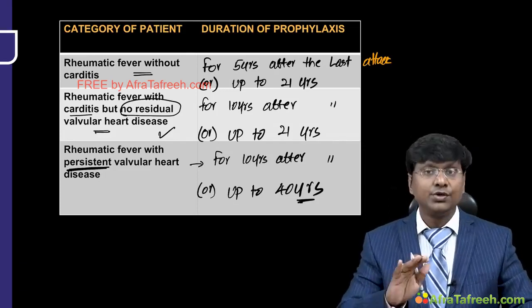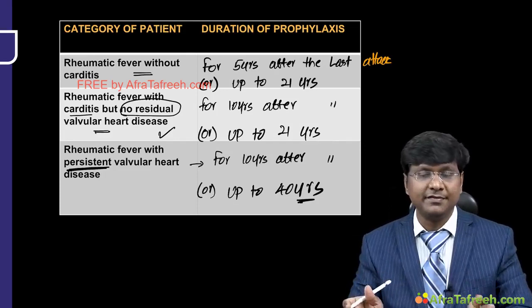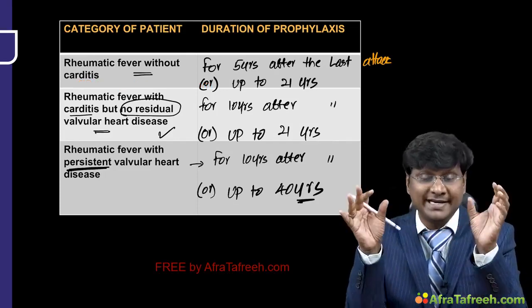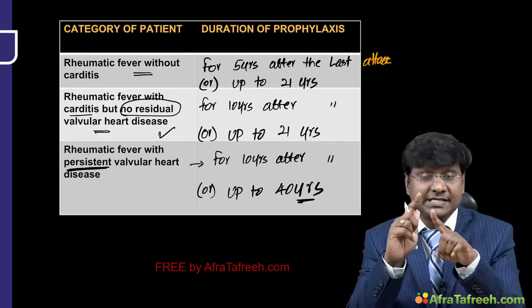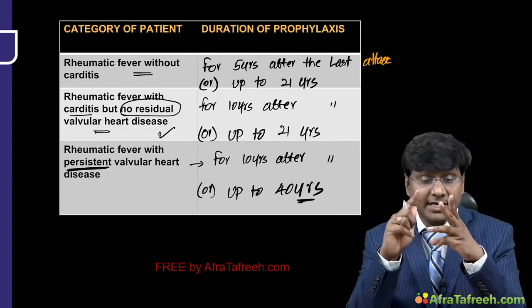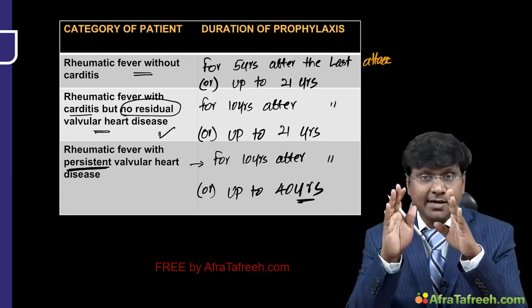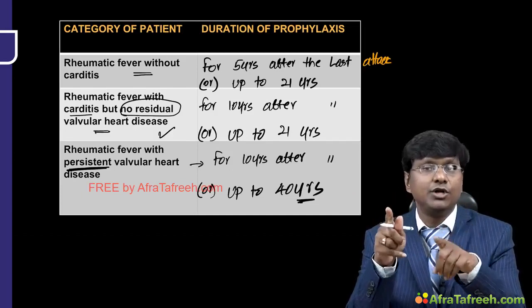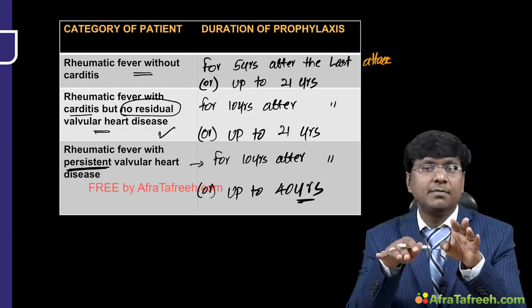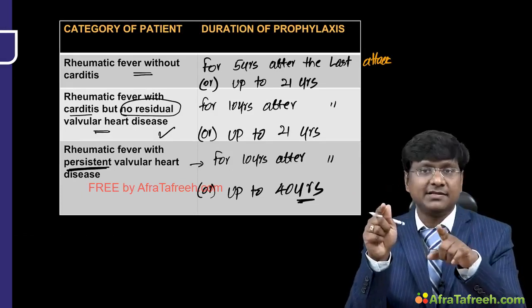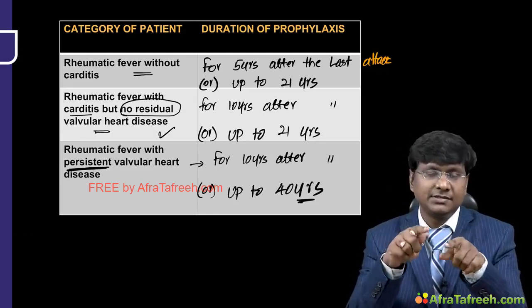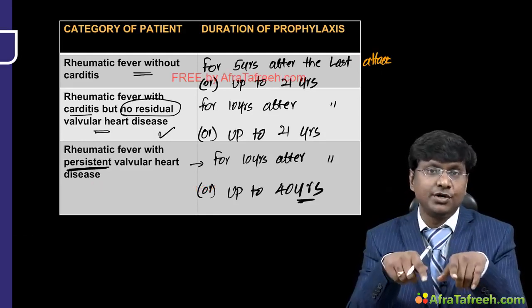Okay, so to finally conclude about rheumatic fever, remember, it is not a direct infectious pathology. It's a recurrent inflammatory immune mediated disorder, and the basic pathophysiology is molecular mimicry. The most common manifestation will be polyarthritis, then carditis, erythema marginatum, subcutaneous nodules.